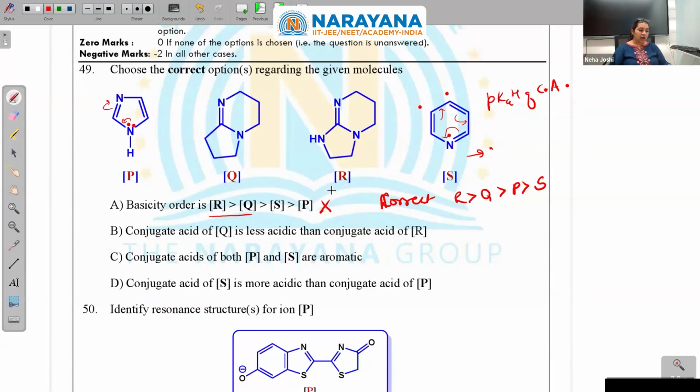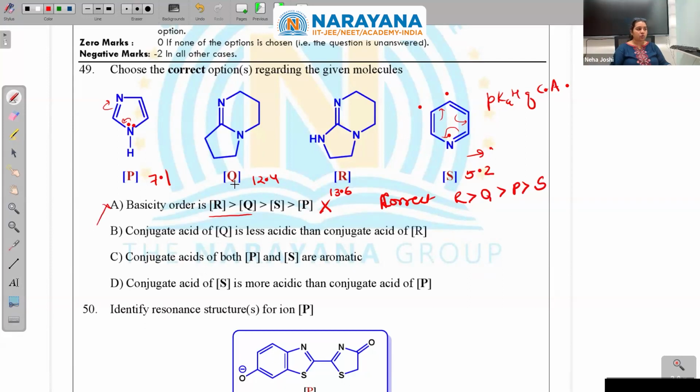Okay, so for R, it is 13.6. For S, it is 5.2, then 12.4, and P has 7.1. The answer is RQPS. So this is not part of the answer.